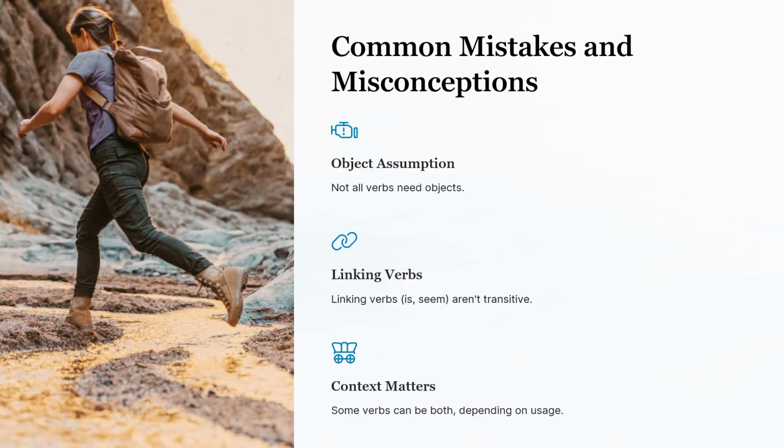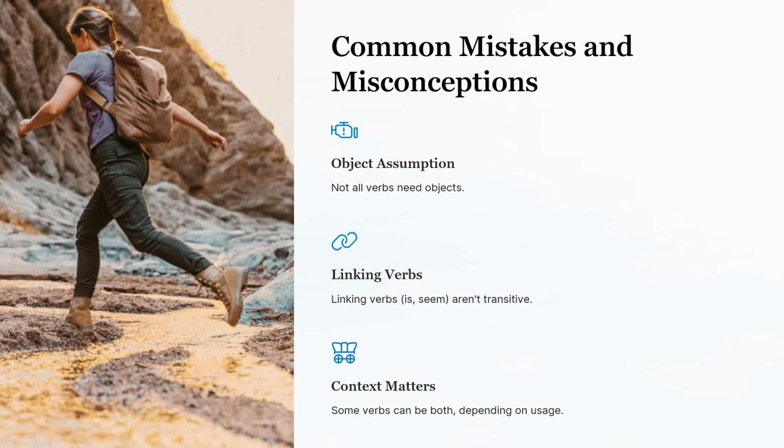Okay, now let's go over some common pitfalls when working with transitive and intransitive verbs. A frequent mistake is assuming all verbs need objects. Many verbs, particularly intransitive ones, do not require any additional information to complete their meaning. Another common misconception involves confusing intransitive verbs with linking verbs, such as the words is or seem, which connect the subject to additional information rather than passing an action to an object.